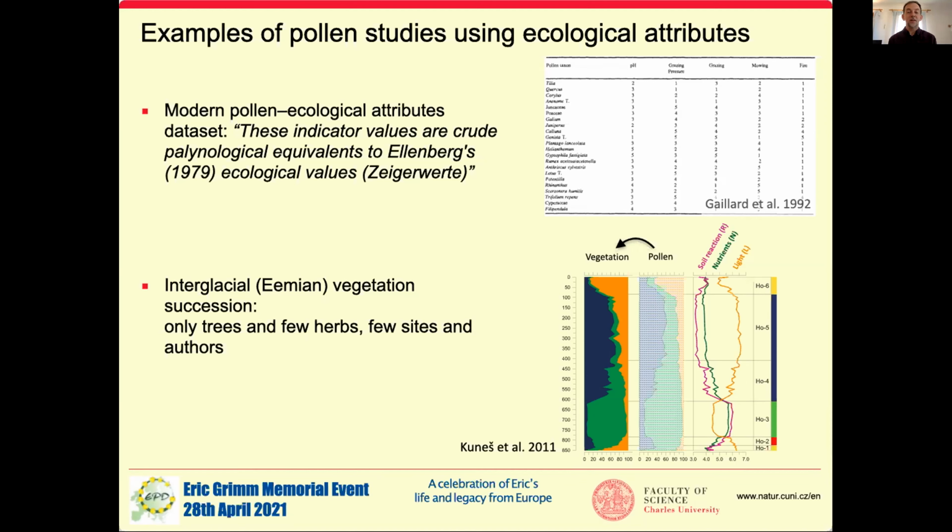We have mostly trees, which are easy to track in terms of plant species, and there are only a few herbs. And when we used it and interpreted ecological indices in this sequence, you can see, for instance, the dynamics of soil reaction and nutrients have a decreasing trend. And on the other hand, there is an increasing trend in the light demands of the communities.